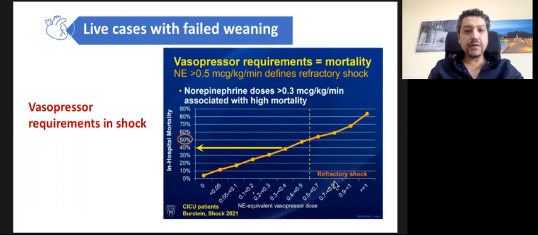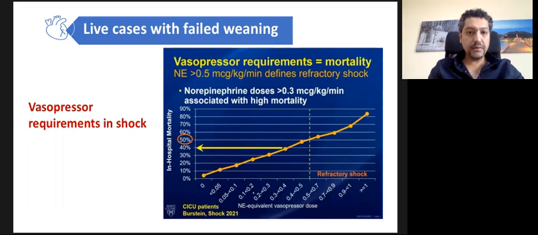So you can see from the curve that if the norepinephrine dose is more than 0.3 mic per kg per minute, the in-hospital mortality approaches almost 40%. And with a very high rate of infusion, more than 1 mic per kg per minute, the mortality rate increases even up to 80 or 85%.